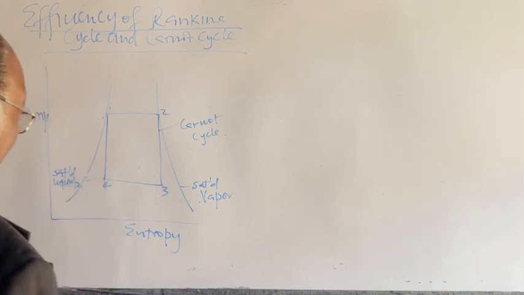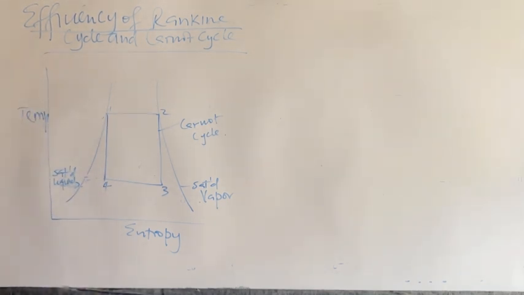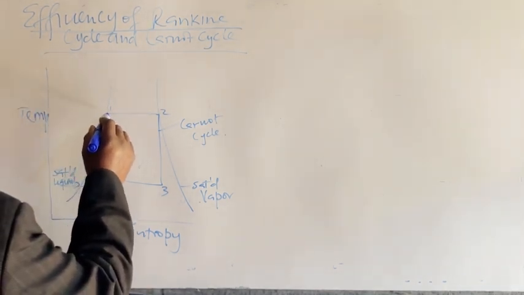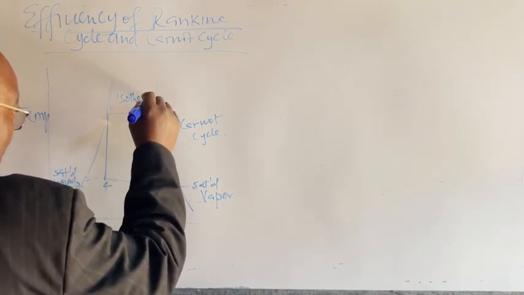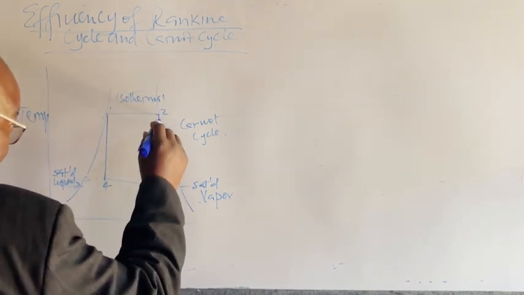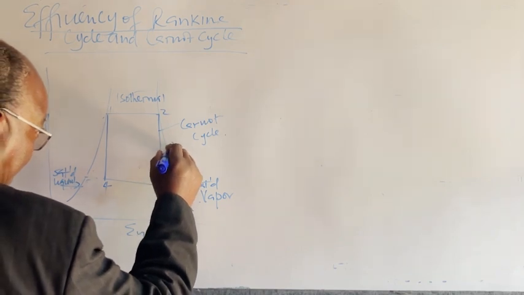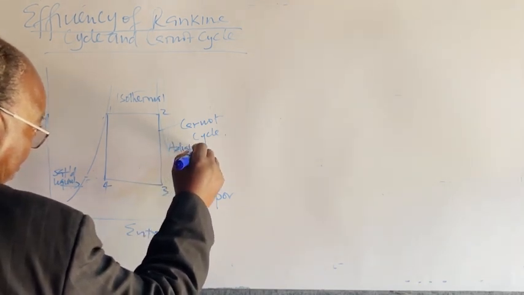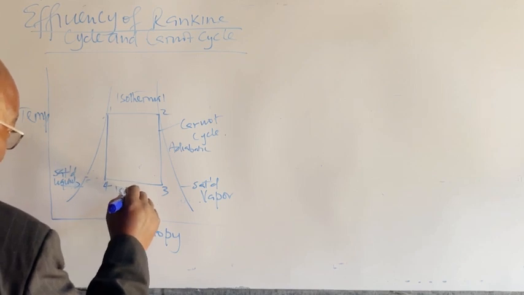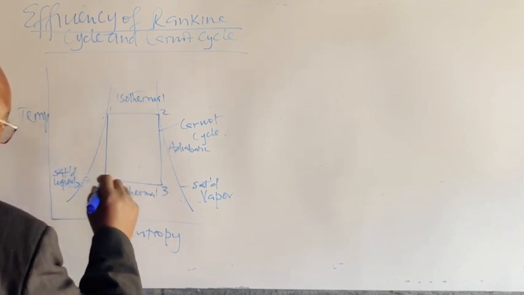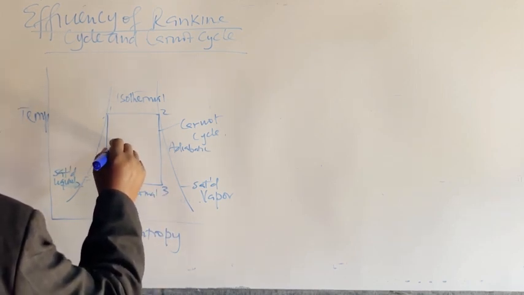One, in the Carnot cycle, the process 1 to 2 is isothermal. The process 2 to 3 is adiabatic. 3 to 4 is isothermal. 4 to 1 is adiabatic.